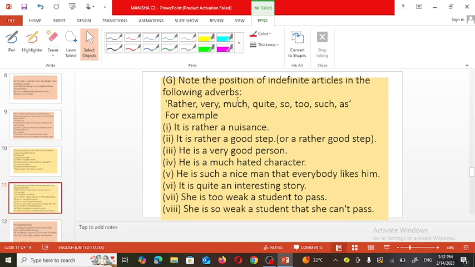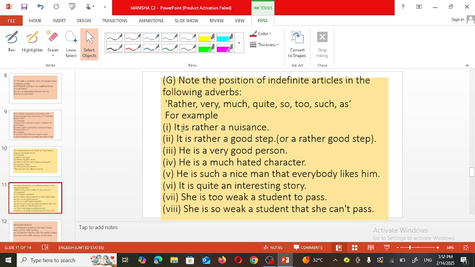Now, let's see how we use indefinite articles in these cases: rather, very, much, quite, so, too, such, or as. Let's see these examples.